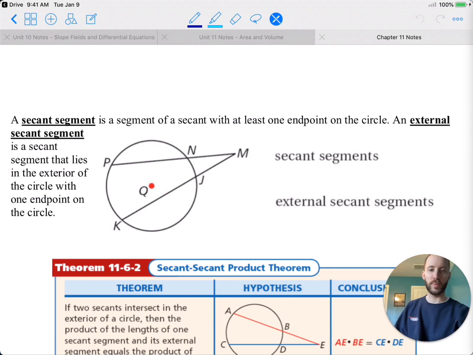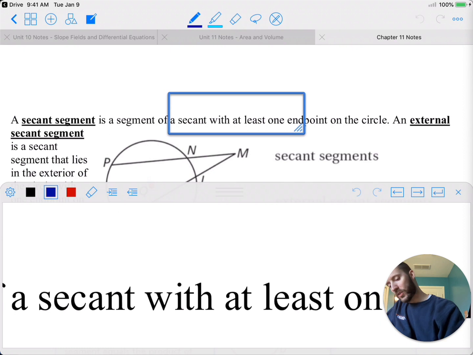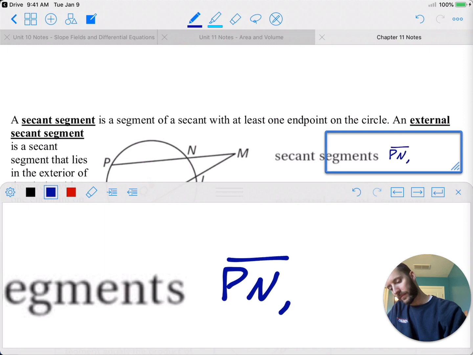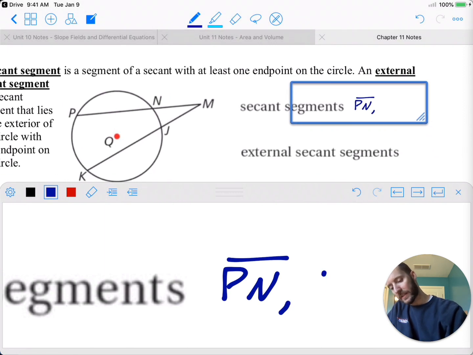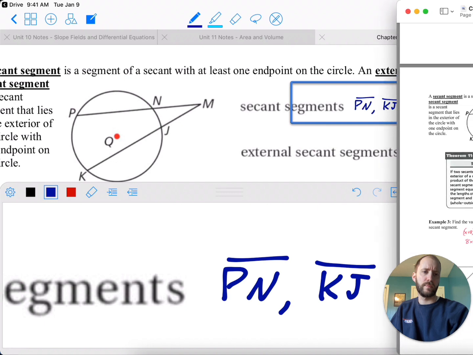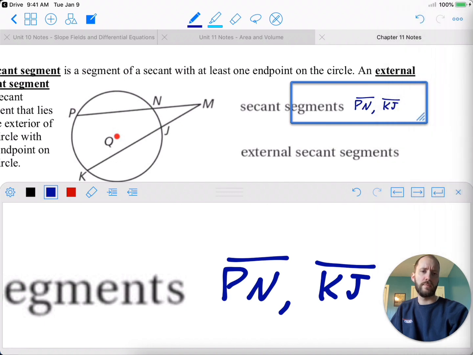Okay, at least one. So to keep it simple here, we'll say segment PN and segment KJ. Let me check, see if I missed anything. I don't think I did, but let me be sure. Okay, good deal.